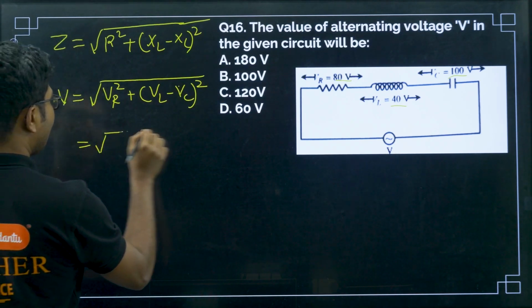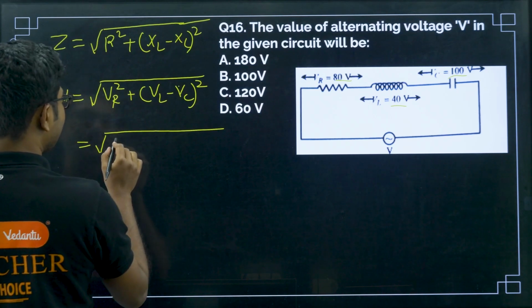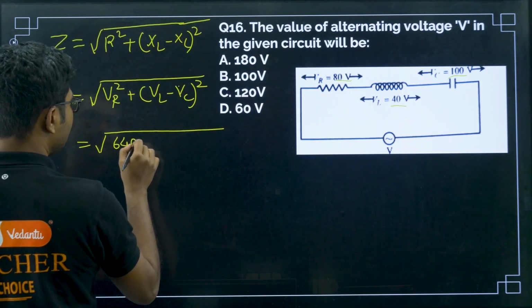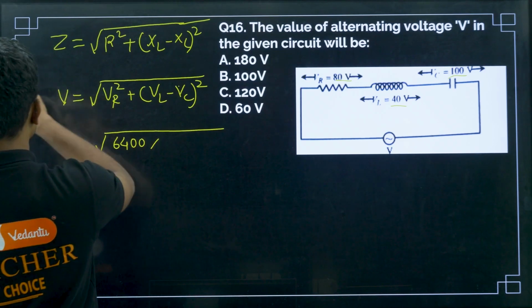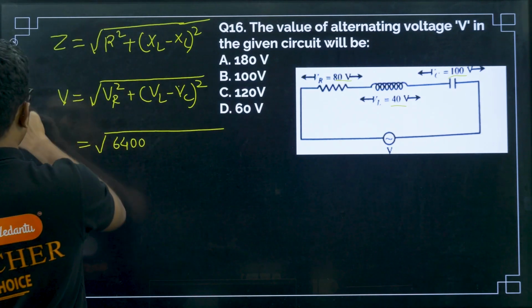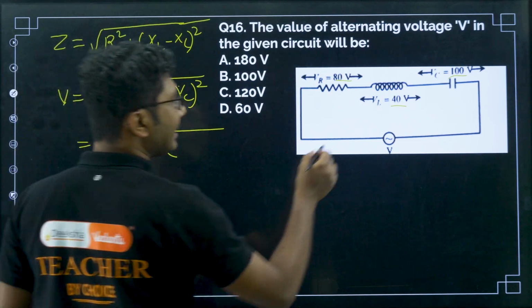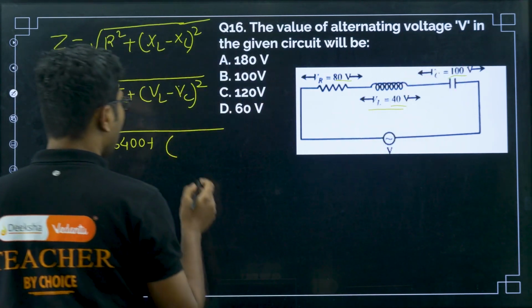Now, what is VR? VR is 80. So, 80 square means 6400, right. Now, what else? VL minus VC. VL is 40, VC is 100.